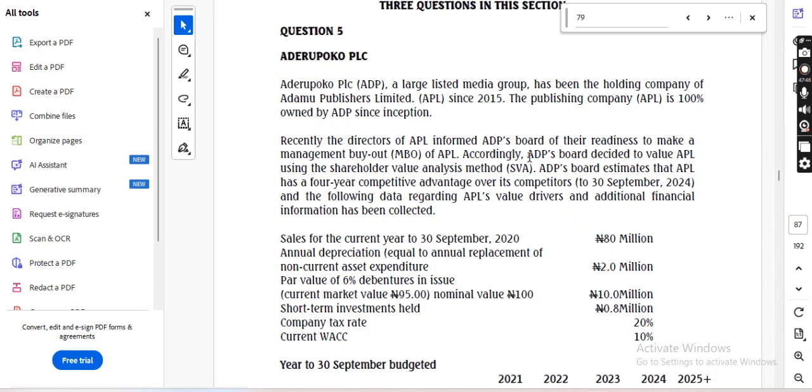That is the life of the business, it may not be a project. And the following data regarding APL value drivers and additional financial information has been collected. These are the drivers.